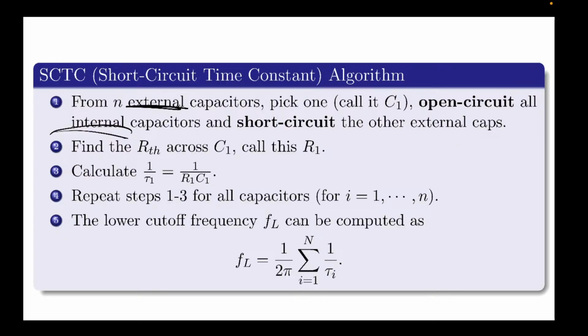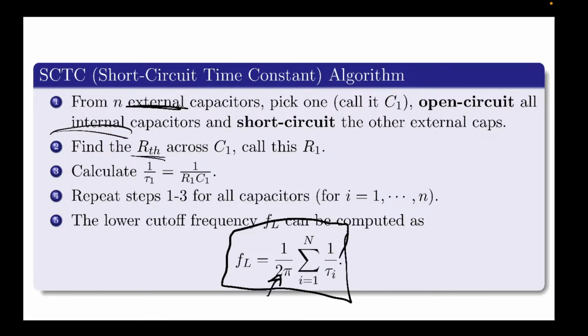Now you calculate RTH across C1, call this R1, and then what you would do is repeat this for each of these capacitors that are on the external, right? Then you would calculate this. So it would be the sum of the reciprocals of their time constants.